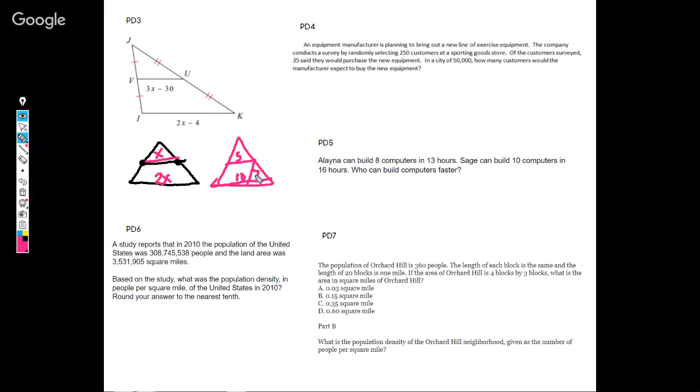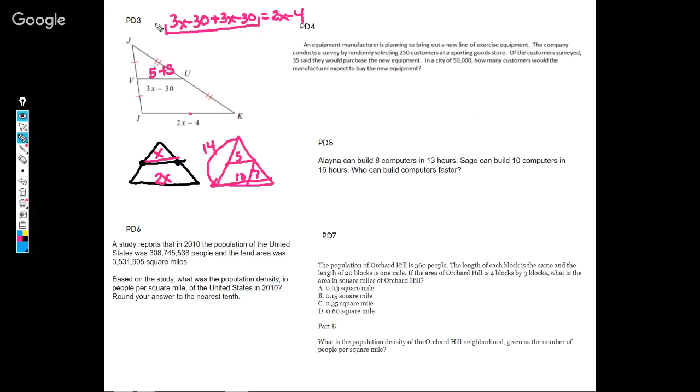If this part is 7, how long is this whole thing? 14. So here, this side is 3x minus 30, we actually have to have 2 of those to equal one of the bottom. Just like if this was 5, we would do 5 plus 5 to get 10. So all I was showing you is you just have to double the small to get the big.